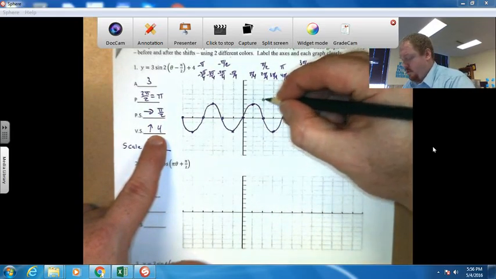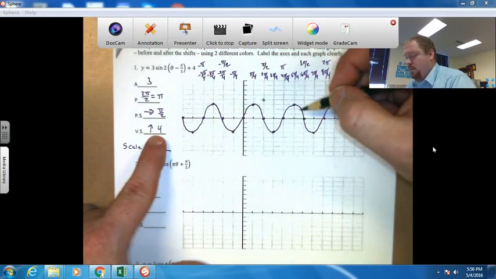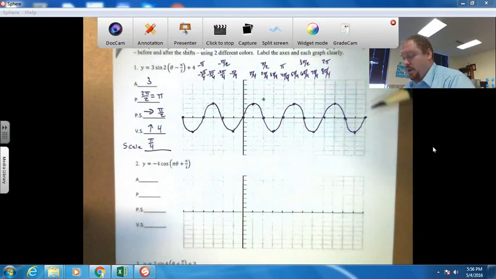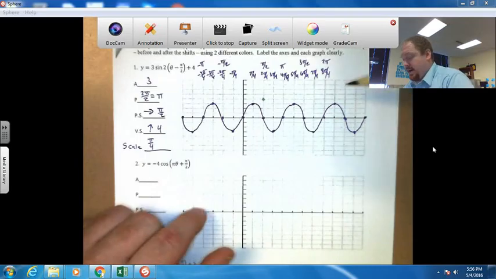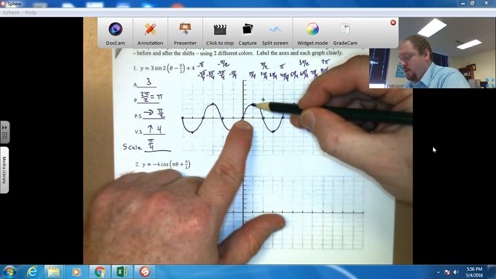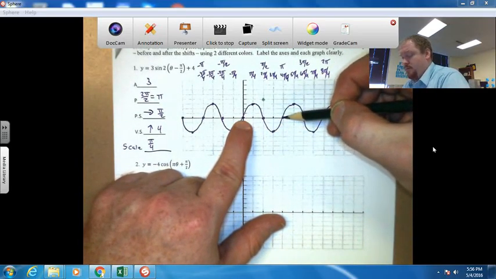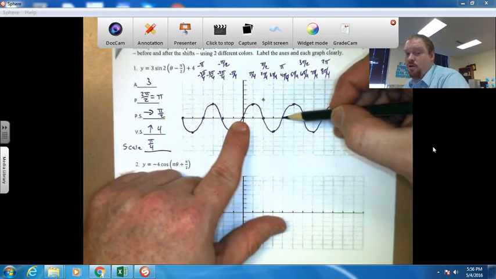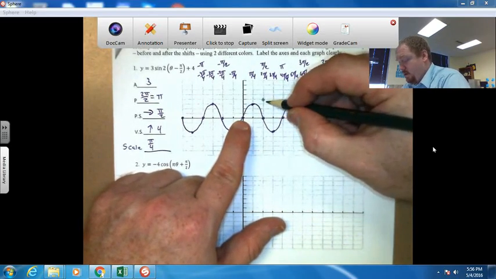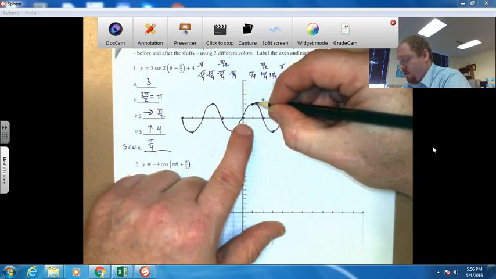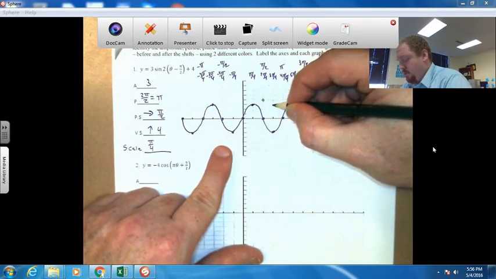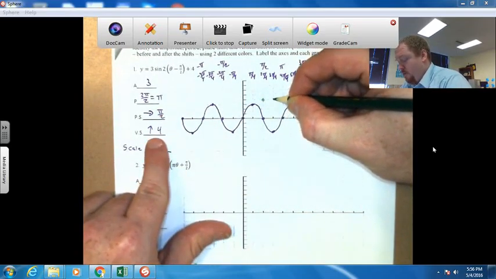Now you need to plot a complete rotation to get a good idea. So notice 1, 2, 3, 4, 5 to get a whole rotation here. So this point here, right 2, then up 4. 1, 2, 3, 4.